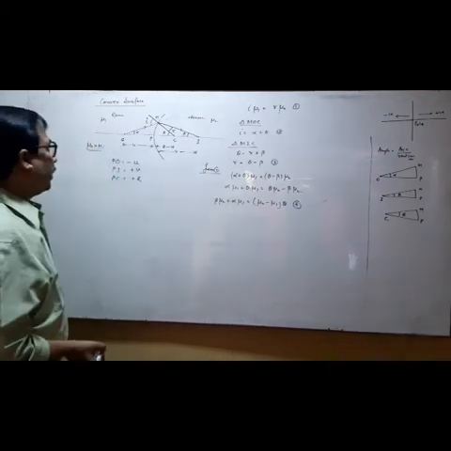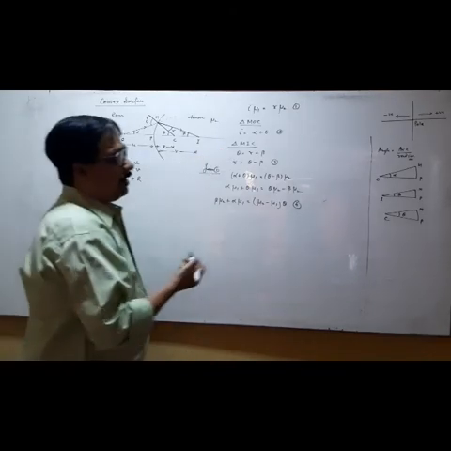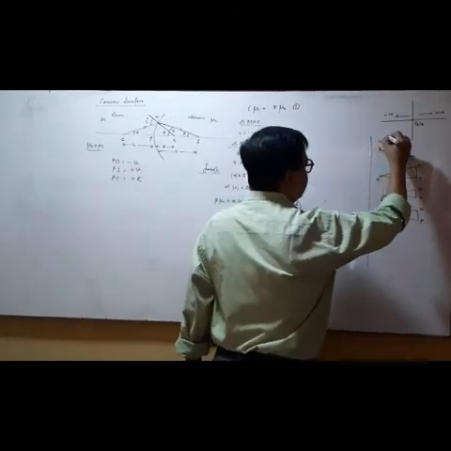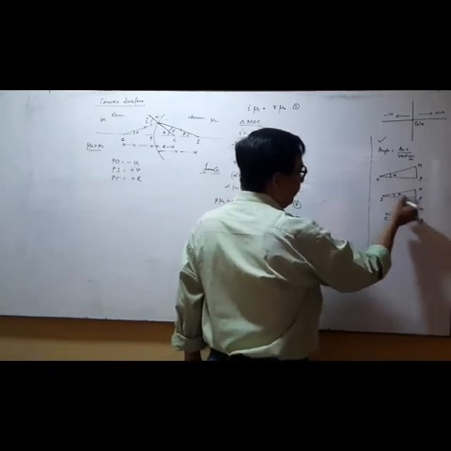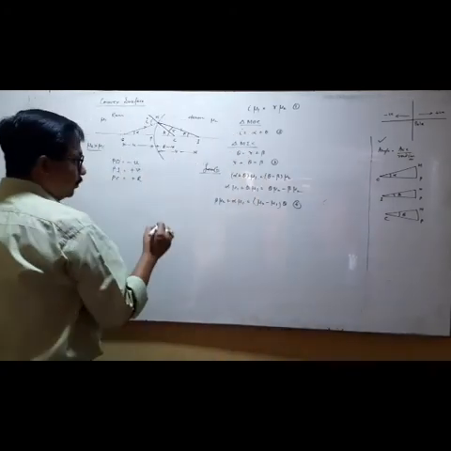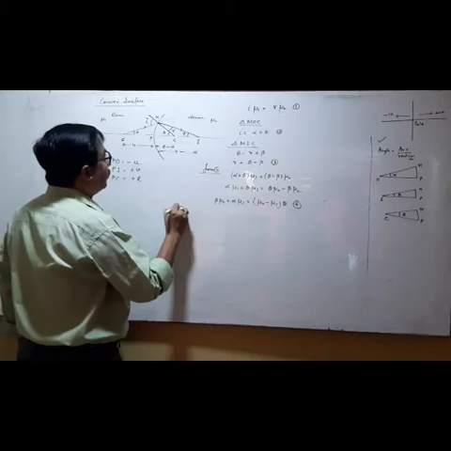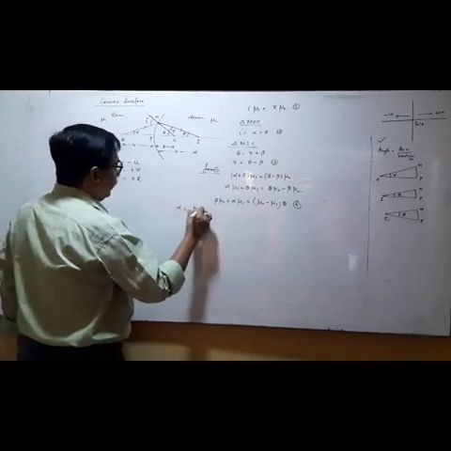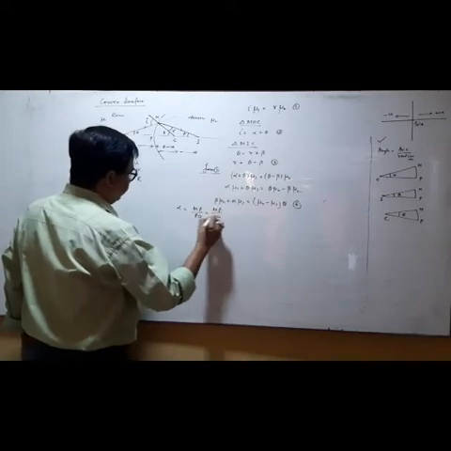Now again we'll use the same concept of angle equal to arc by radius. So alpha is MP by PO, beta is MP by PI, theta is MP by PC. Applying angle equal to arc by radius, alpha is equal to MP by PO, that is MP by minus u.